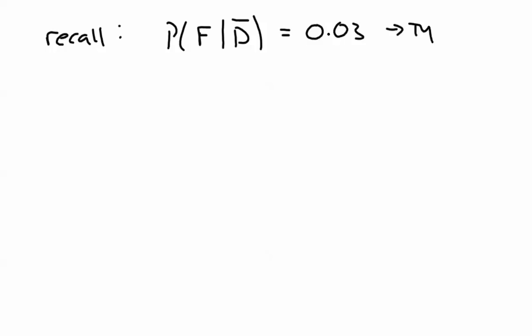This is type 1. That's type 1 error. The other type of error is the probability that it does not fail the test. It passes the test, given that the part is truly defective.